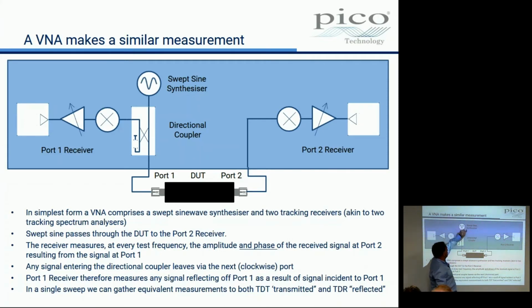So if we're outputting a gigahertz here, we tune the radio to a gigahertz, and then this lot measures what comes out of the radio: the amplitude of the signal, and the phase as it happens. We'll come to that later. That's going to measure our signal off port 1, and this one is going to measure our signal off port 2. And we'd then be able to do a TDR measurement, or a reflection measurement, and a transmission measurement, right?